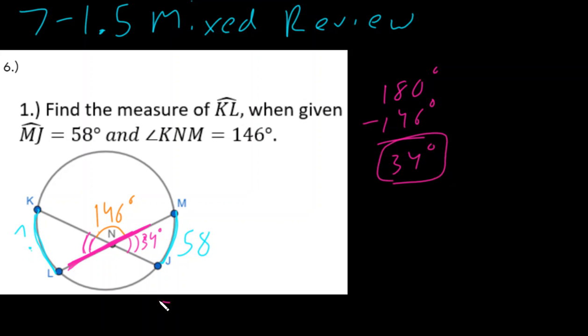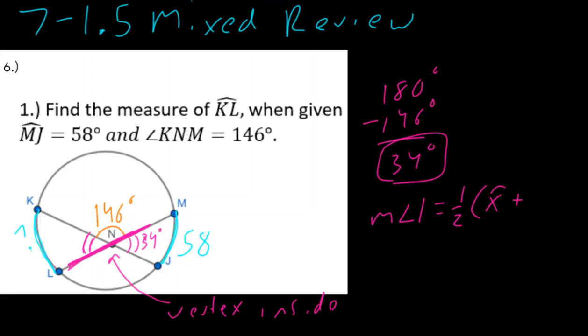Okay, so now that we know that the angle at the vertex is 34, we can now use our formula for a vertex that is inside the circle. We know that our formula is the measure of angle 1 is equal to 1/2 parentheses arc x plus arc y, and notice it's that plus that is key to the vertex inside. Well, let's go ahead and fill in all the information that we know.